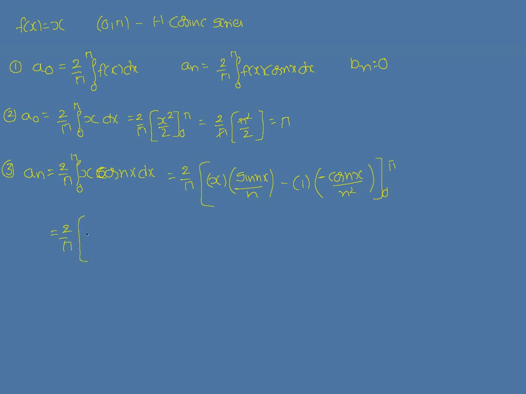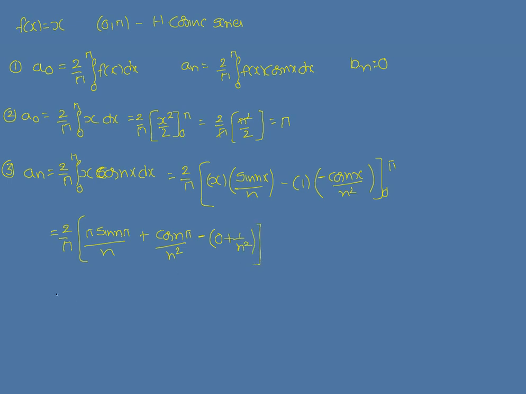If you substitute pi, we get pi sin n pi by n, minus into minus plus cos n pi by n square, minus 0 into something is 0, so minus into minus plus, cos 0 means 1 by n square.